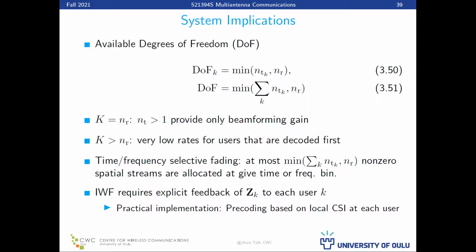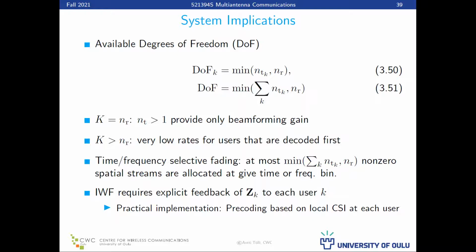Very close in R. Second bullet. Number of users on that. Okay.